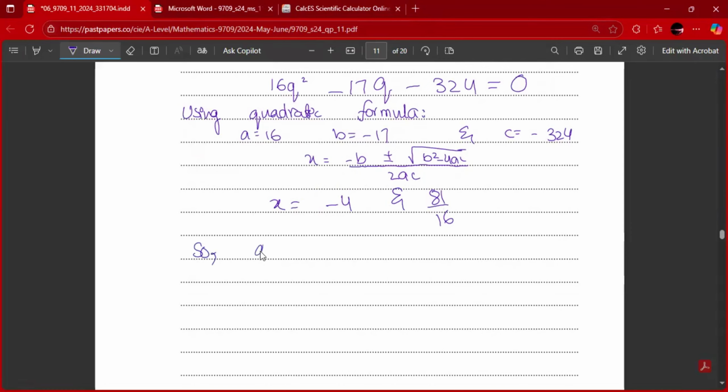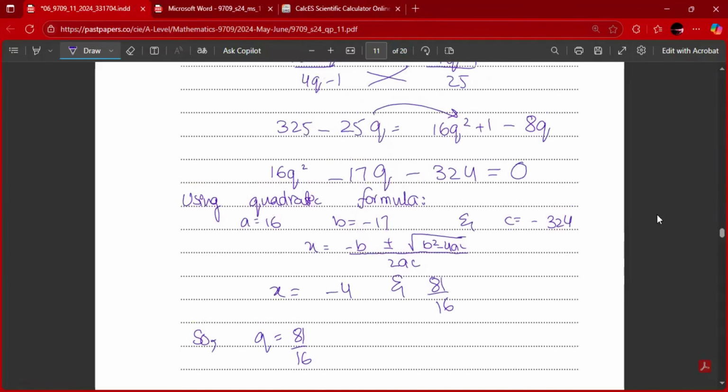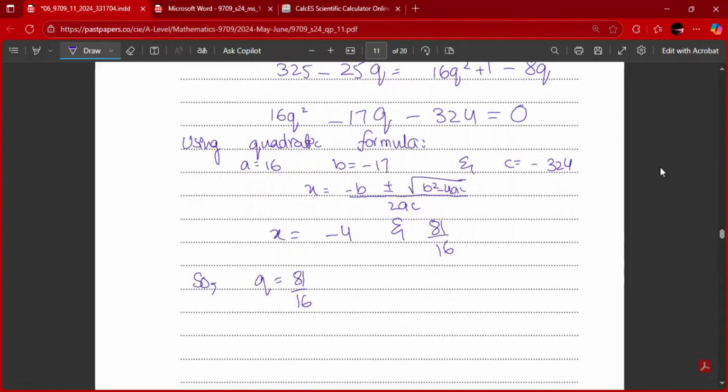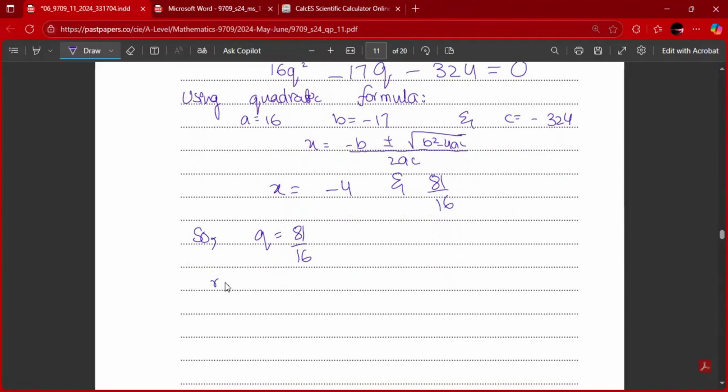So q is equal to 81 over 16, meaning that my value of r should be equal to 4q minus 1 over 25.